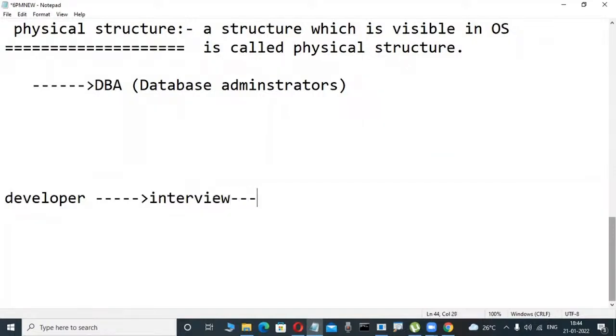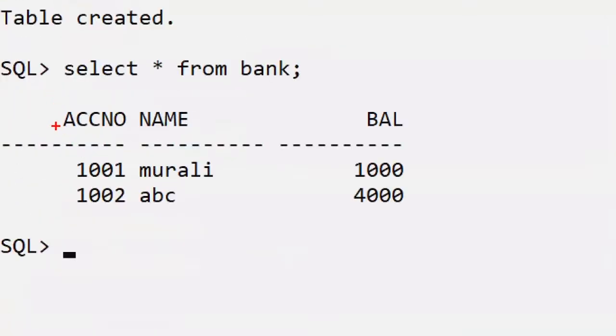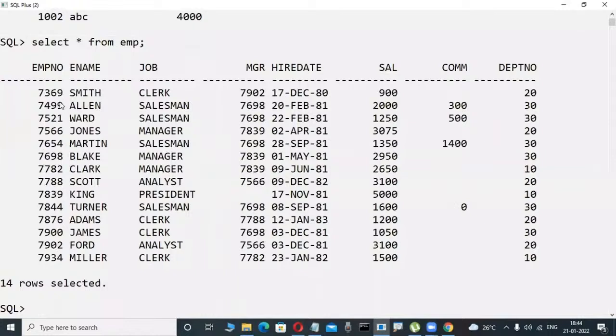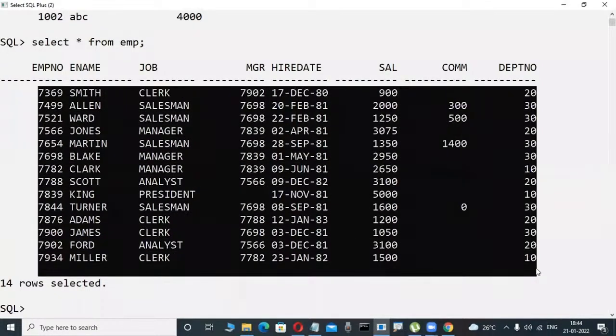They may not ask it, but generally, if they ask what a database is, developers tell the logical structure: it is a place where we can store a structured collection of data. Is this a structured collection of data or not? Table format. Yesterday, I typed a big table like this. This is the logical side we are talking about.